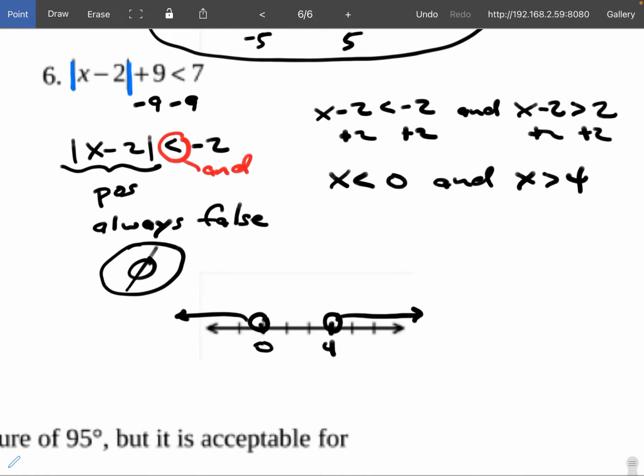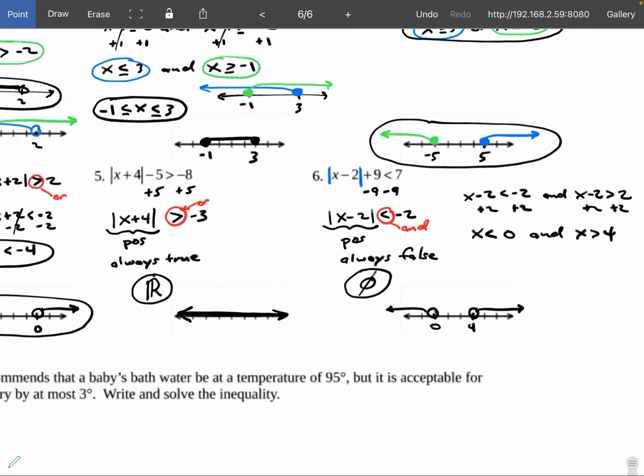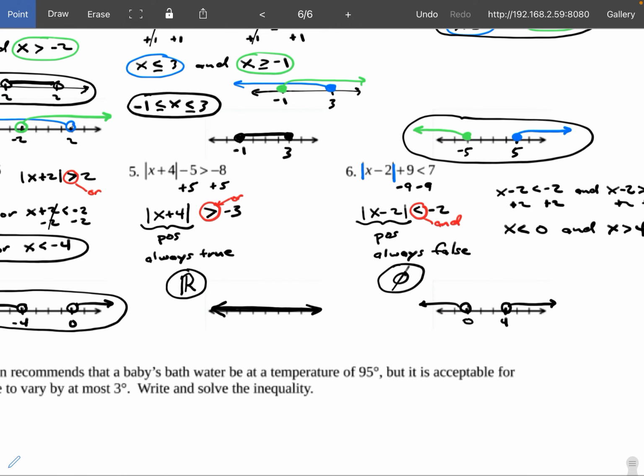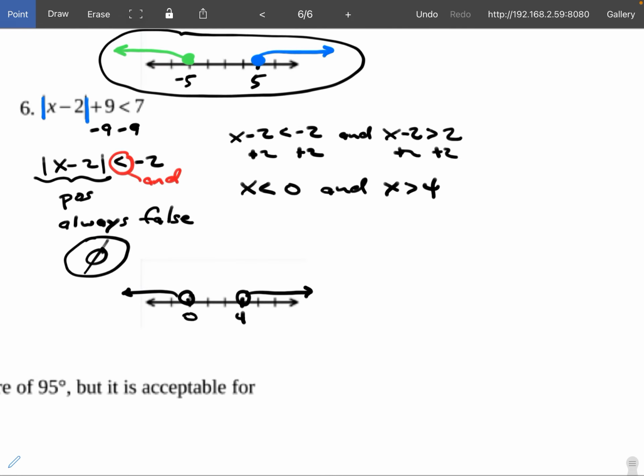We are looking for a double shaded region. We're looking for an intersection or an overlap. There isn't one. Well, that means how many solutions are there? None. That's why we got no solutions. So even if you didn't notice it and you worked it all out, it should work out in the long run that there is no intersection on this one. It's an and. It's supposed to be an intersection, and there is none.